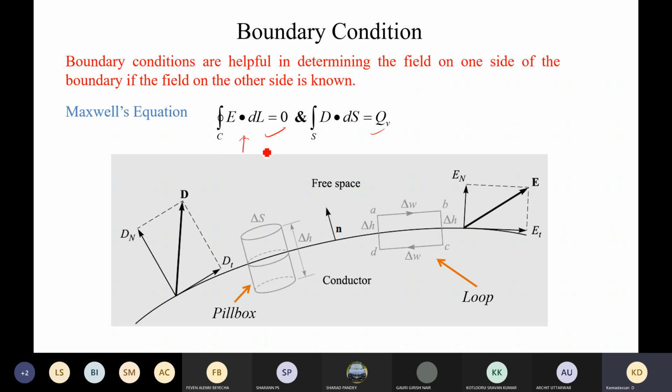Either it will become E1 or E2, but the flux density will have epsilon times E. So this epsilon, we know, is nothing but epsilon naught times epsilon r. Thereby the material properties come into the picture. Therefore, we will have two different values for the flux density. For this, we have come up with simple methods. One is the rectangular loop method. Another one is the pillbox method.